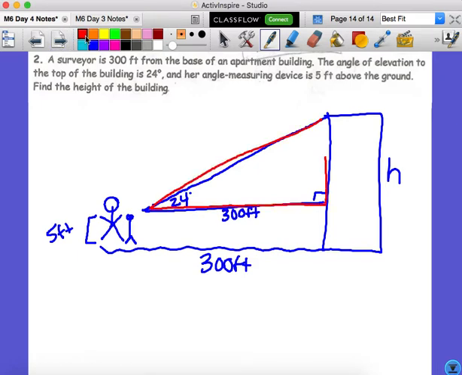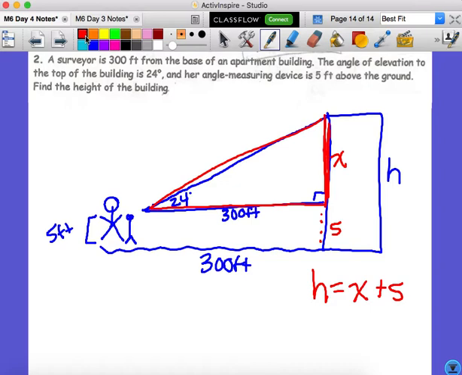So when I set up this trig function, I'm really only finding this information. So I'm going to label that as x, and then once I find my total height, I already knew that this part down here was 5. So my final answer is going to be whatever I get for x plus 5.